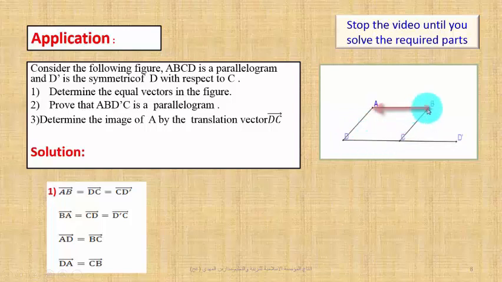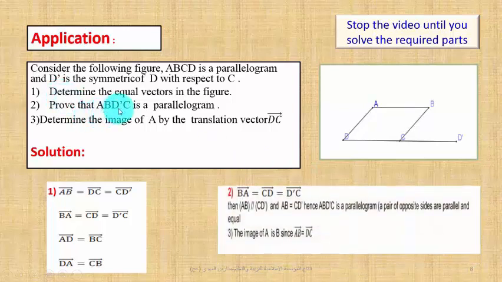Look for vectors BA, CD, D prime C. Also these three vectors are equal since they have the same direction, the same sense, and same magnitude. Vectors AD and BC are equal, and vectors DA and CB are equal to each other.